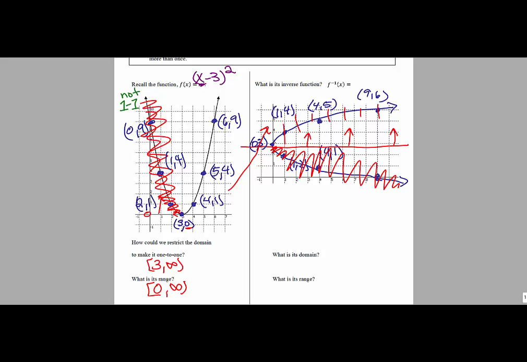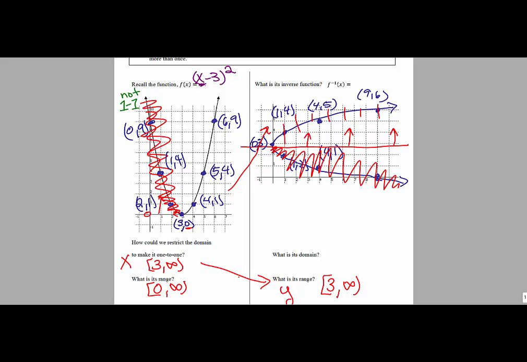When I look at the inverse function, notice that the y values actually start at 3. So the domain goes from 3, and then the graph goes up from there, so to positive infinity. So the domain and ranges actually switch places because all of the x's for the original function become all of the y's for the inverse function.